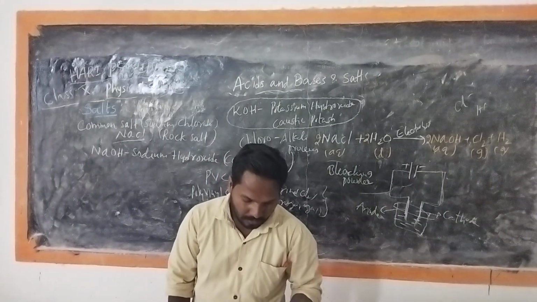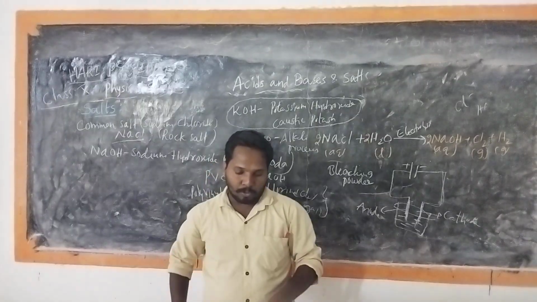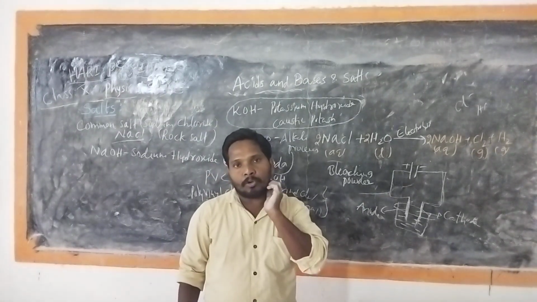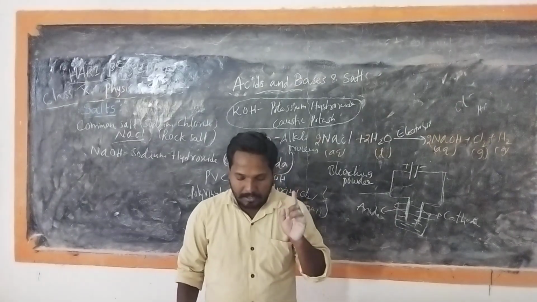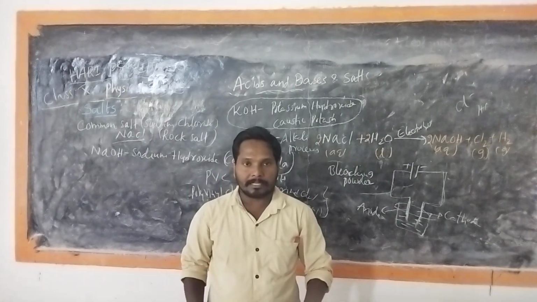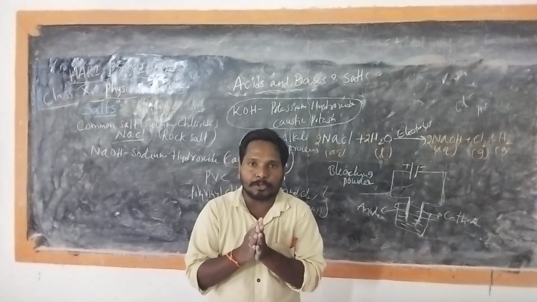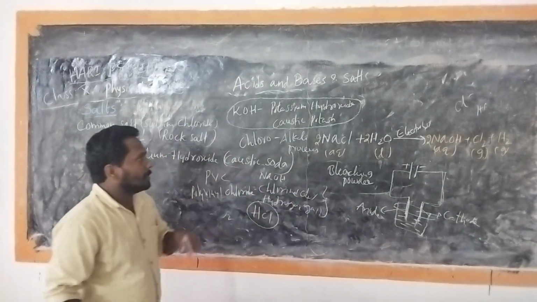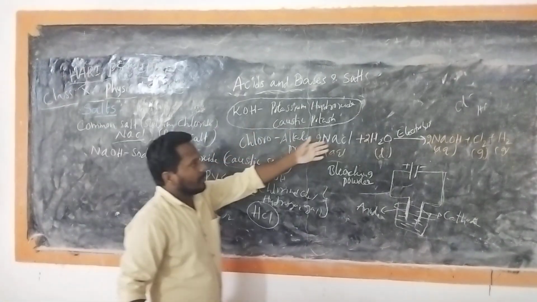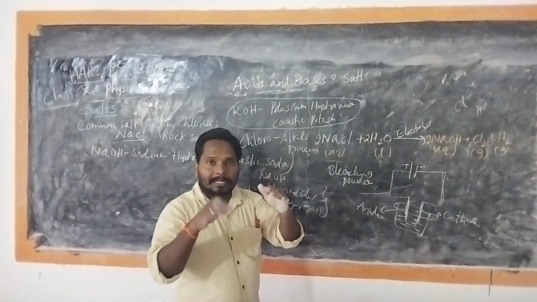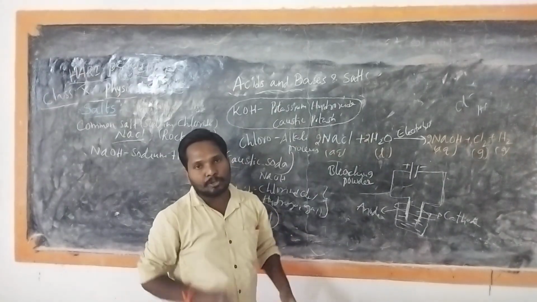The two products of the chloro-alkali process, sodium hydroxide and chlorine, can be combined together. What is the chloro-alkali process? It is the production of sodium hydroxide, chlorine and hydrogen by the electrolysis of brine solution.